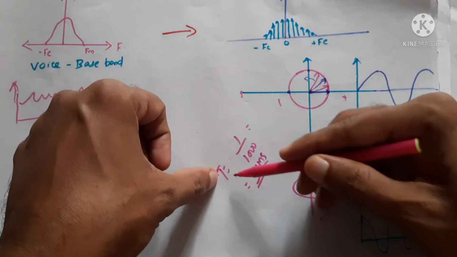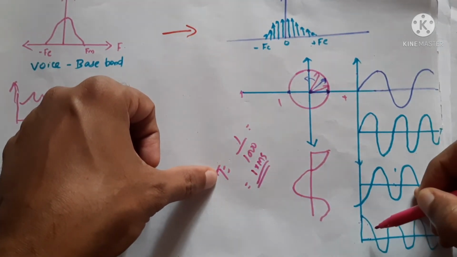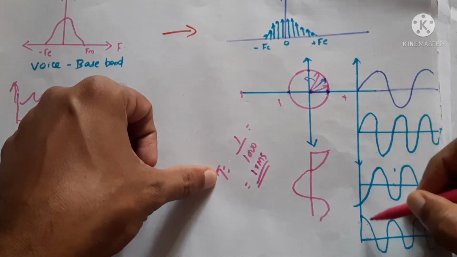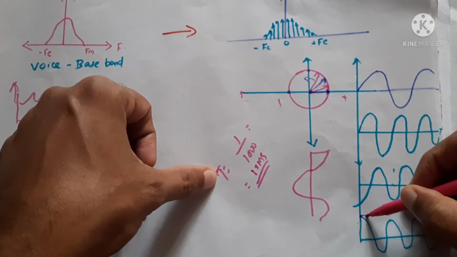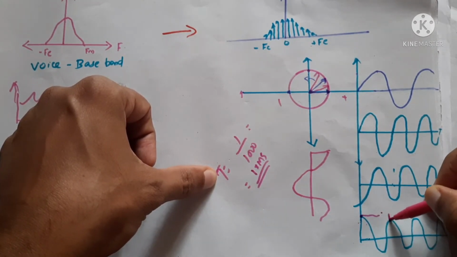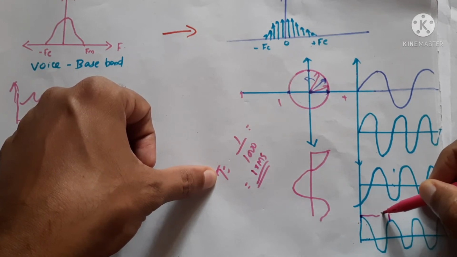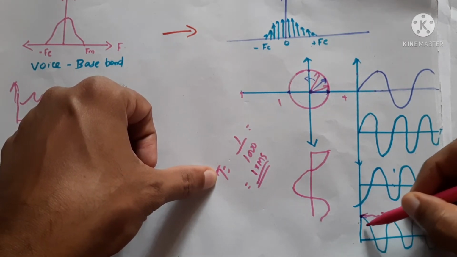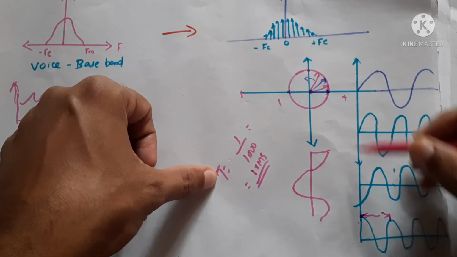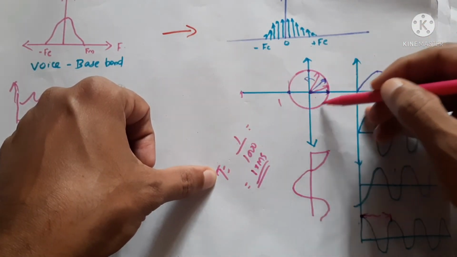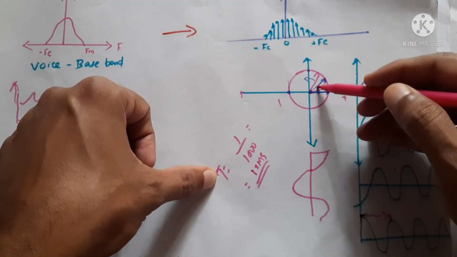That means in order to complete one cycle of this signal, from here to here, this point to this point, this is called one cycle. It will take 1 millisecond.